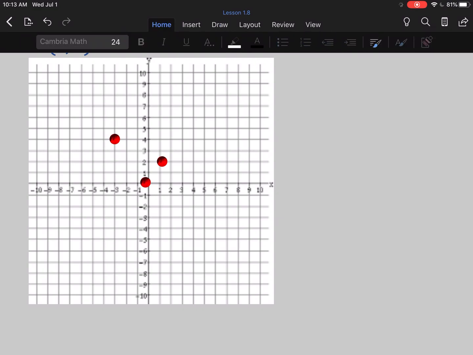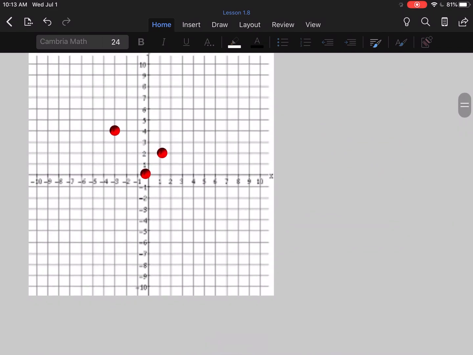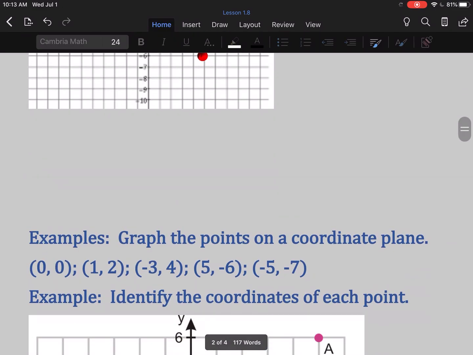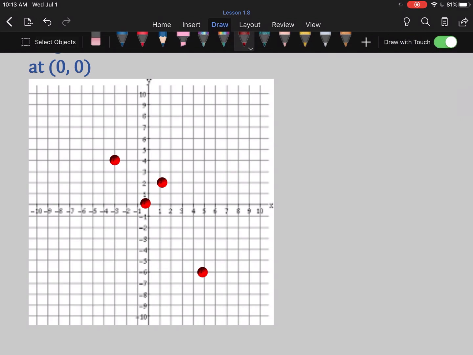Left 3, up 4. 5, negative 6 says go right 5, down 6. So there. And negative 5, negative 7 says go left 5, down 7. So left 5, down 7 is there.